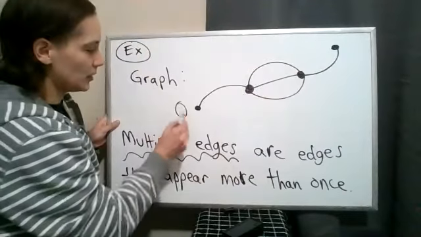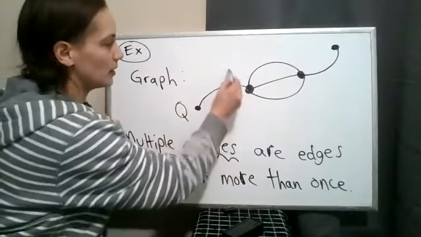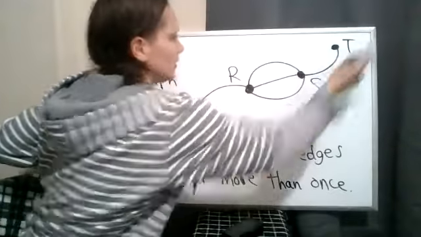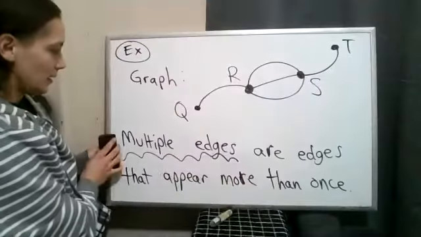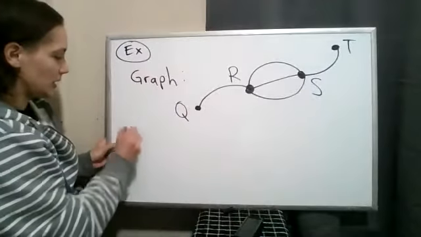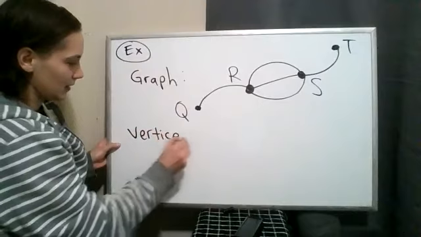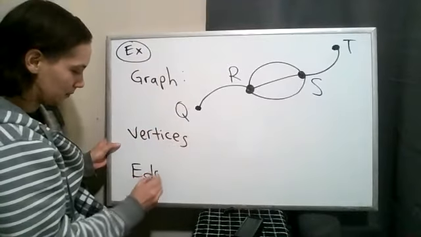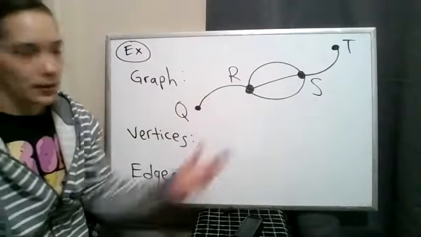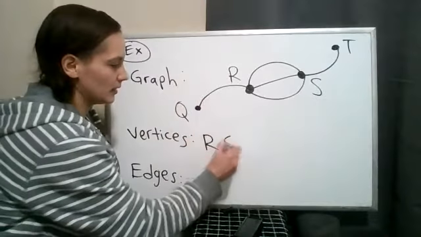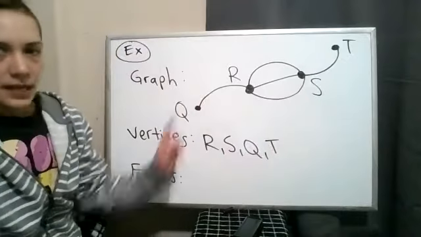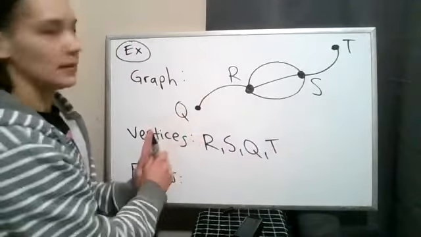I labeled this Q. It's next to R, then S, then T. Vertices: list all of the dots. They don't need to be in order, just make sure each one's in the list. And then we'll go left to right.